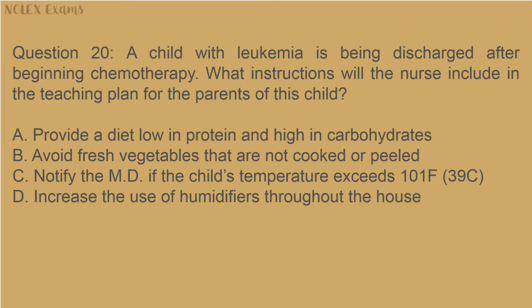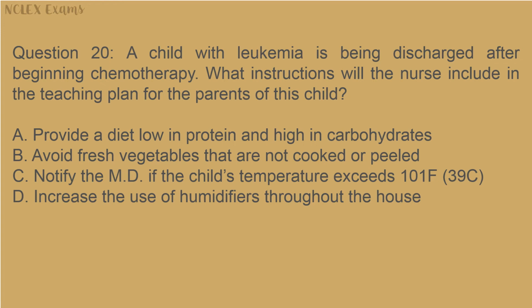Question 20. A child with leukemia is being discharged after beginning chemotherapy. What instructions will the nurse include in the teaching plan for the parents of this child? A. Provide a diet low in protein and high in carbohydrates. B. Avoid fresh vegetables that are not cooked or peeled.